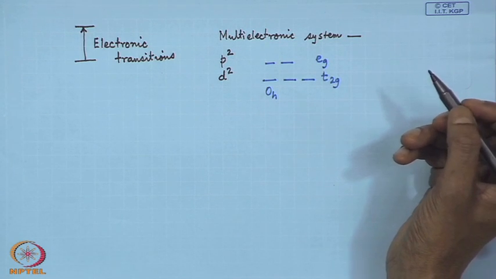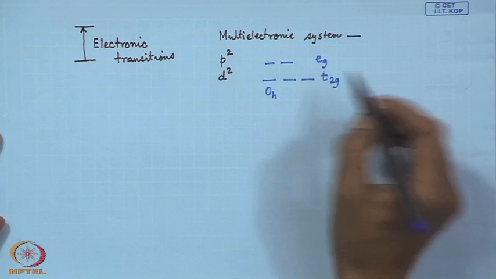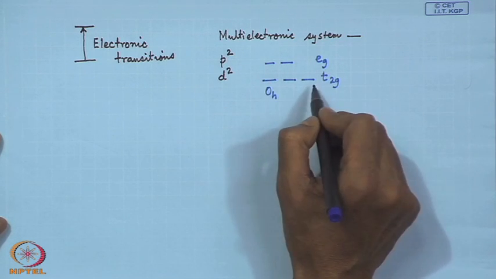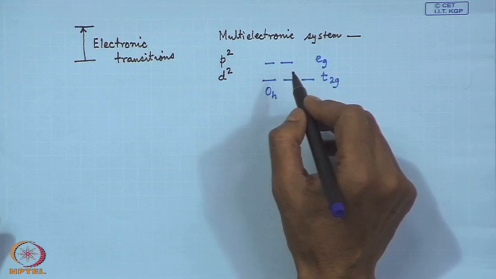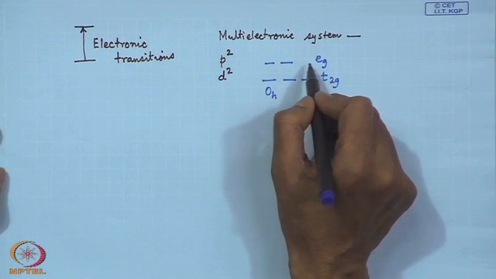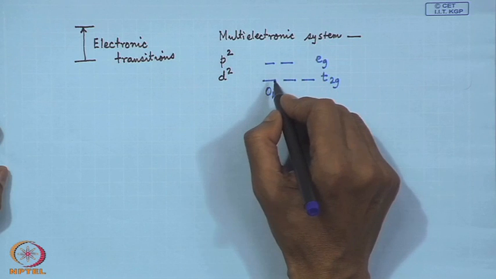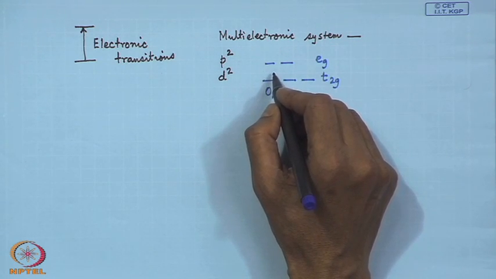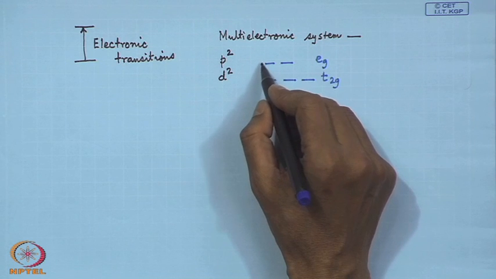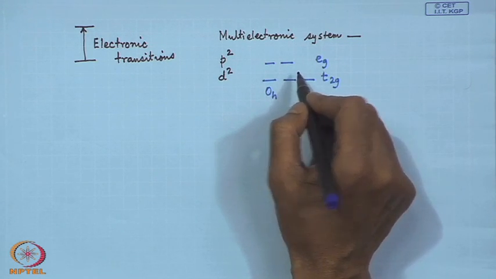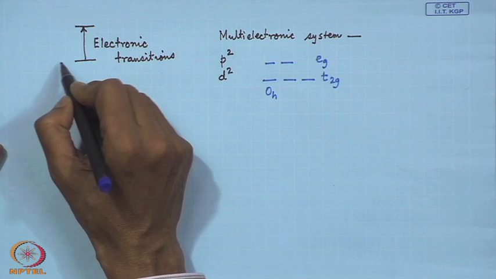So, what we see is that during these electronic transitions we can have both the two electrons in this T2g level, or these electrons can go up to the Eg level. So, if there is any electronic transition taking place, then we can find out the corresponding changes in energy between these two states.